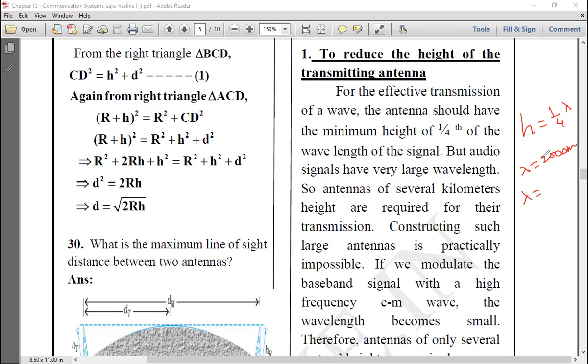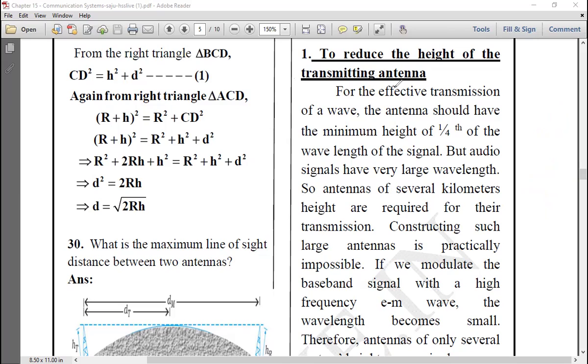Then the height of the antenna, lambda by 4, is 2000 by 4, which is equal to 500 meter. 500 meter means nearly a 50-story building. So likewise, more than that. This is just one small example for understanding.